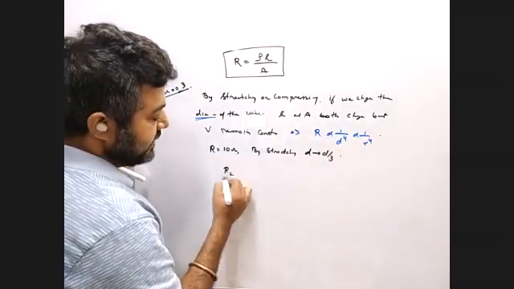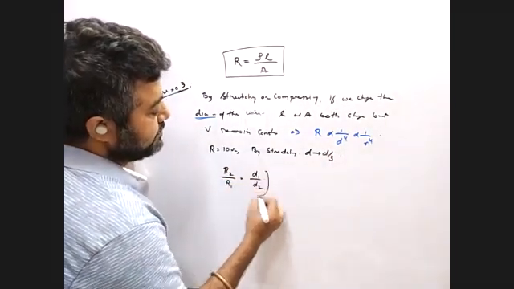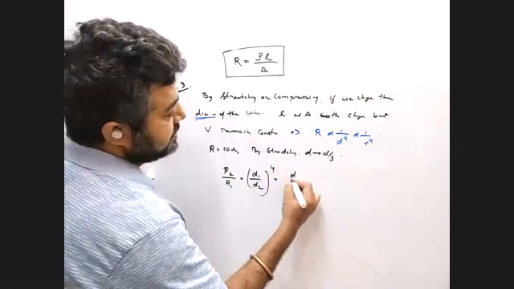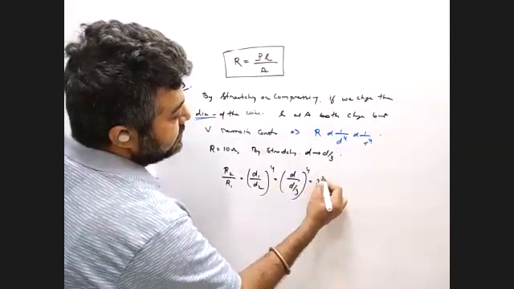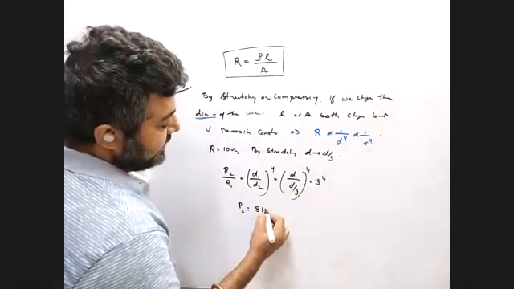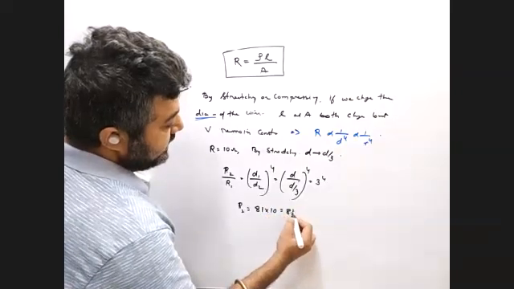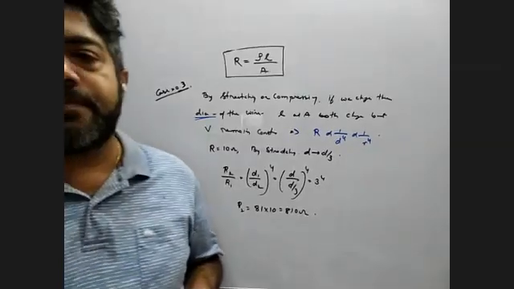So R2 by R1 is d1 by d2 to the power 4, that is d by d by 3 to the power 4. So R2 is 3 to the power 4, how much is that? 81, into 10, that is 810 ohm. Okay, everyone.